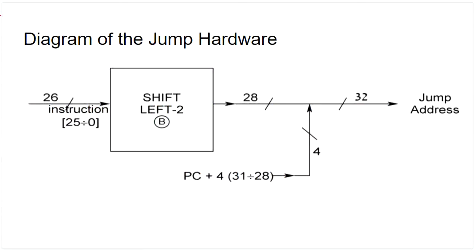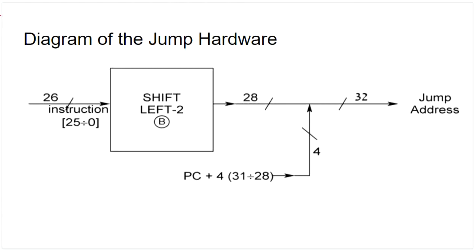Notice here it says diagram of the jump hardware. So it says shift left 2 and gives it a name, B. And instruction, you see it says 26 instruction. That means from the actual instruction that we wrote in code, which was 32 bits, the 26 bits of it from 0 to 25, which is everything but the opcode, we're going to send into this shift left 2.